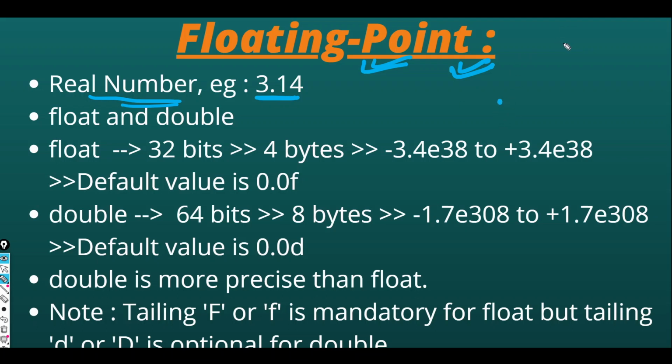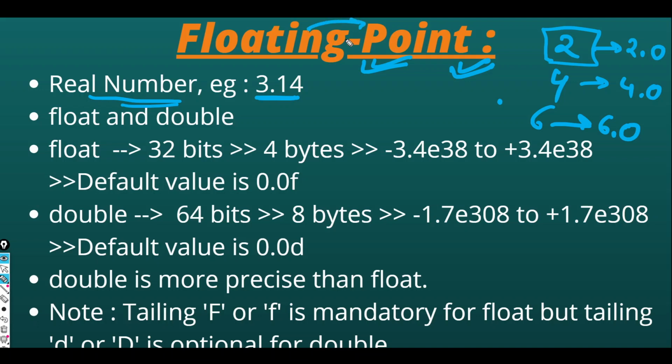But it can also store simple values, for example 2, 4, 6, but in the memory, this 2 will be allocated as 2.0, 4 will be 4.0, 6 will be 6.0. Whenever we have decimals and want to store them in a variable, we declare them as floating points, and floating points are divided into float and double.